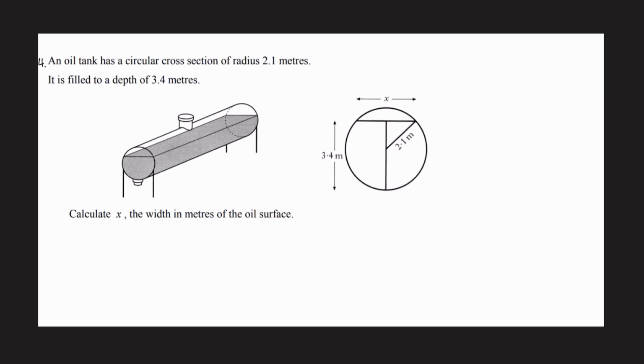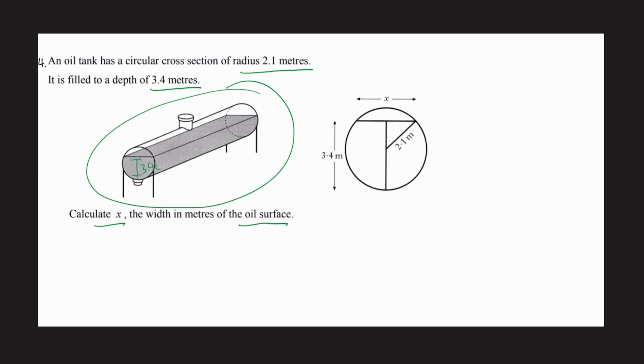An oil tank has a circular cross-section of 2.1 meters and is filled to a depth of 3.4 meters. Calculate X, the width in meters of the oil surface. So we've got this oil tank here, and they've told us the depth here is 3.4 meters.